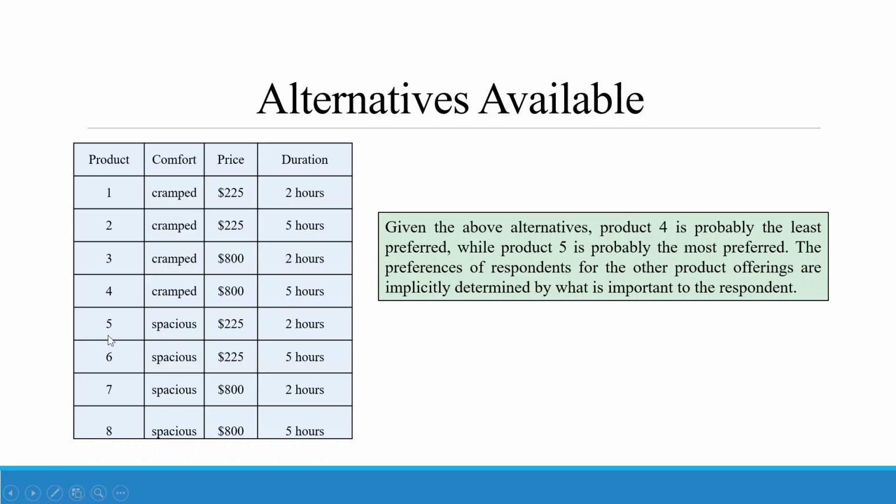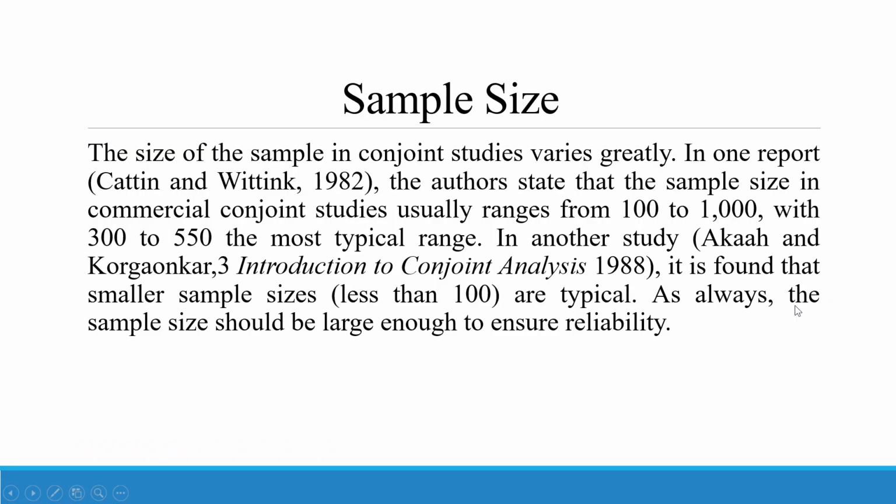Now see the fifth one: spacious, $225, 2 hours, most preferred. So this profile is most preferred. Given the above alternatives, product 4 is probably the least preferred, while product 5 is probably the most preferred. The preferences of respondents for other product offerings are implicitly determined by what is important to the respondent.